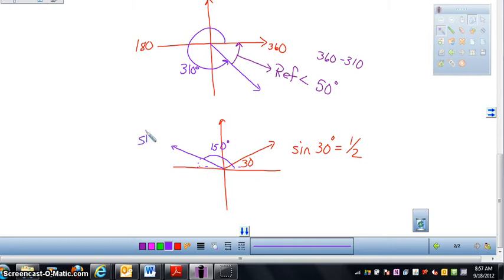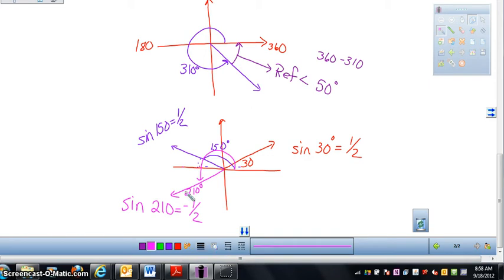So the sine of 150 is also 1/2. We can even carry this on into the third quadrant. The angle I would be talking about would have to be 30 degrees from my x-axis right here. So this would be 210 degrees. The sine of 210, you put this in your calculator, you would get negative 1/2. And it's a negative because you're below the x-axis, which is something we're going to learn. I'm just showing you why. You don't have to know that today.